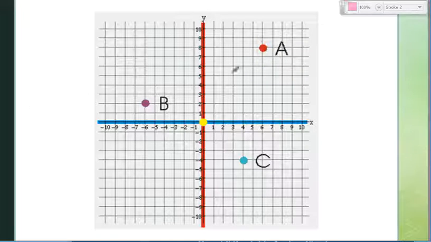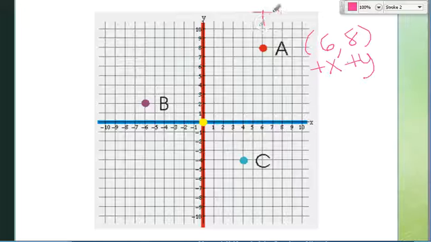So the location of point A would be 6, 8. Notice our x value is positive and our y value is positive. And anytime you have a positive x and a positive y, you know that you're going to land right here in quadrant 1.